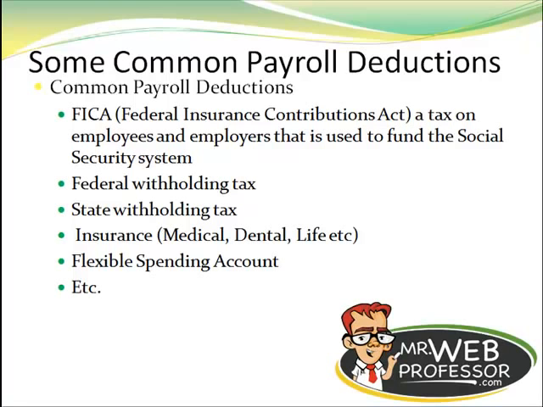You may also be having things such as insurance deducted, medical, vision, dental, life, etc. And you may have a flexible spending account established with your employer that may be being deducted from your gross pay.